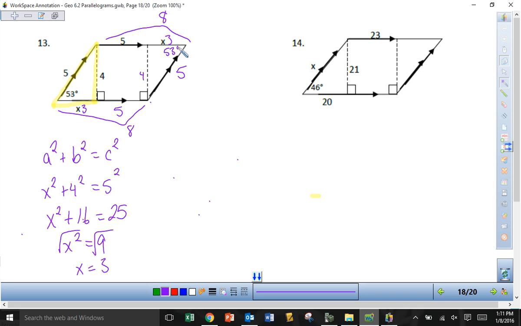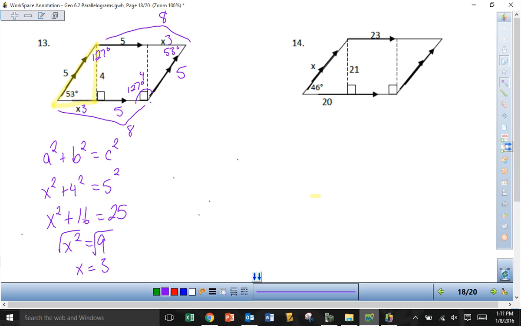And last, if this is 53, this angle here must be its supplement, an angle that adds to it to make 180 degrees. So if you take 180 degrees and subtract 53, we get 127 degrees there, and this one will be 127 degrees as well. So we've taken care of all of the missing parts for that one.